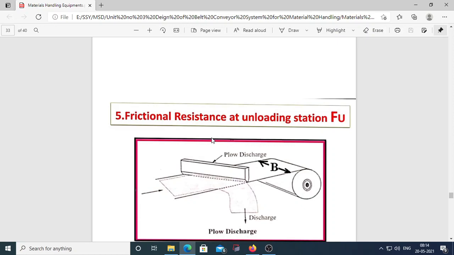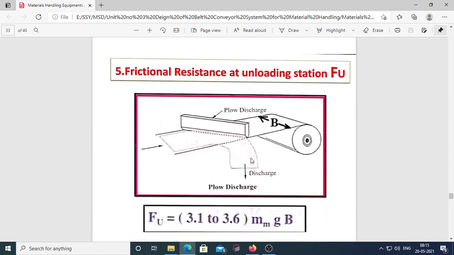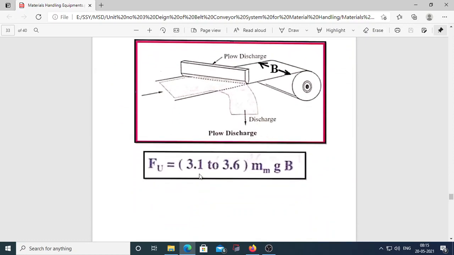When we use the plow discharge, you will get the formula Fu is equal to 3.1 to 3.6 mm into GB. Again, what is mm? We have seen mm is the material carried by the conveyor per unit belt length, given in kg per meter.